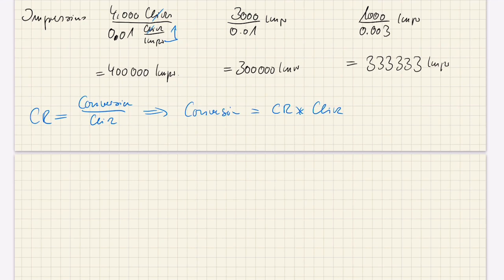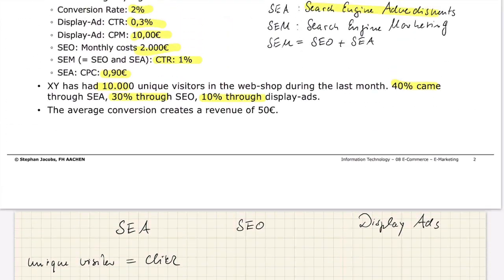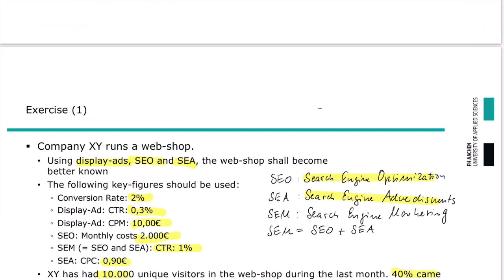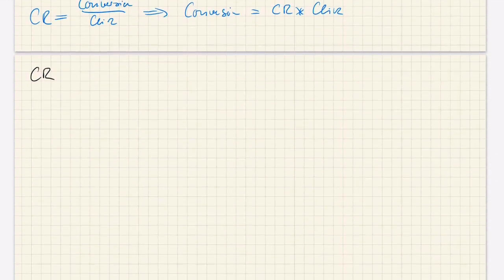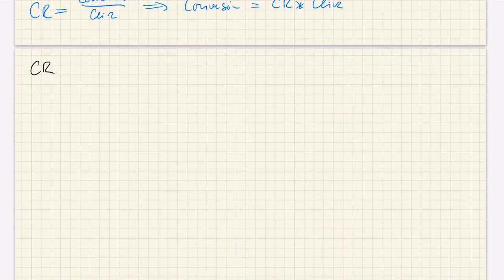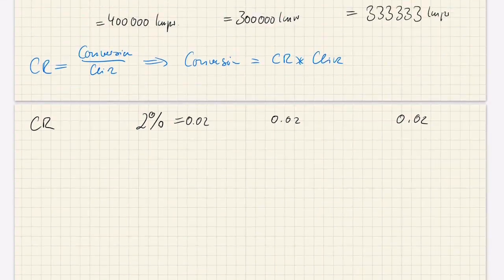Again, how does the CR look like? We had a CR which is the same for each and every method, 2%, independent of the method we are using, equal to 0.02, 0.02 in here, 0.02 in here. And now we can simply do the calculation.